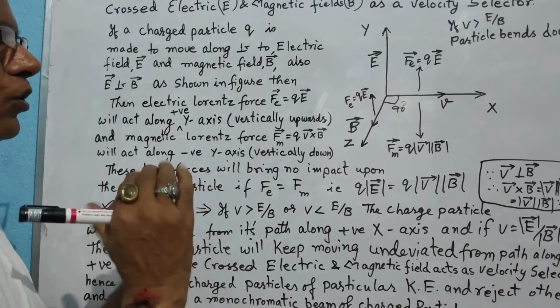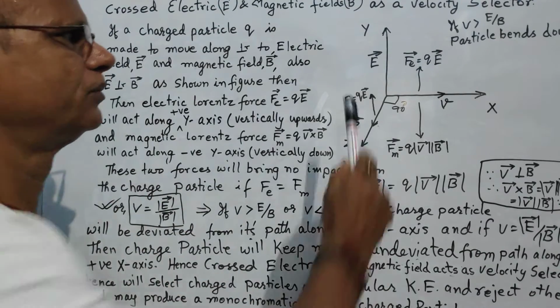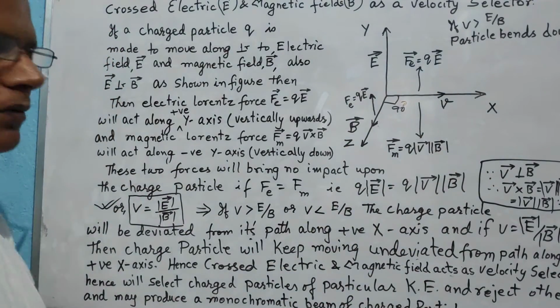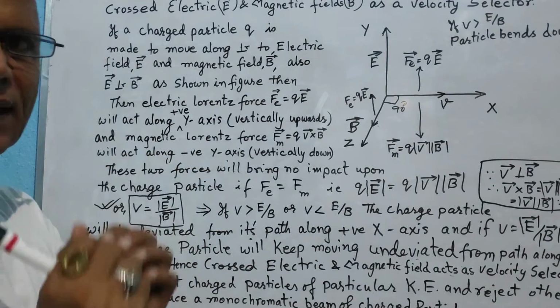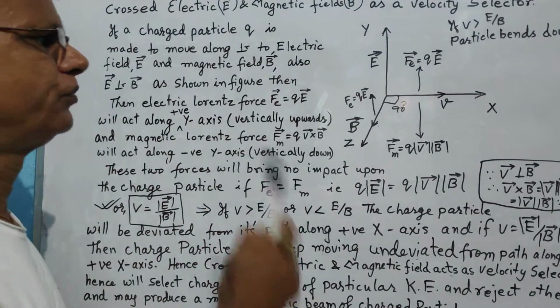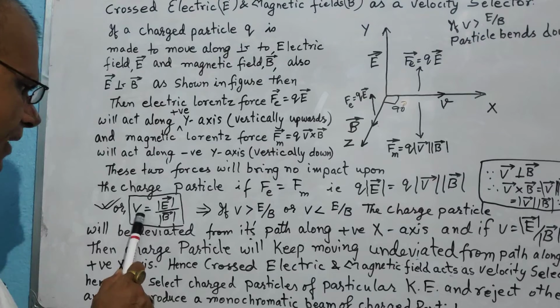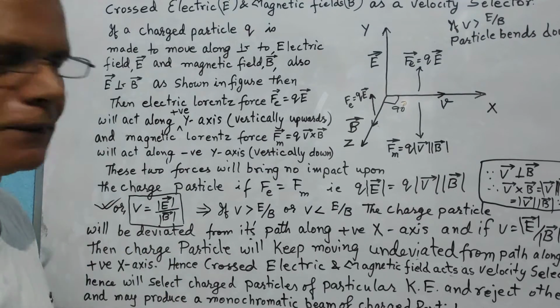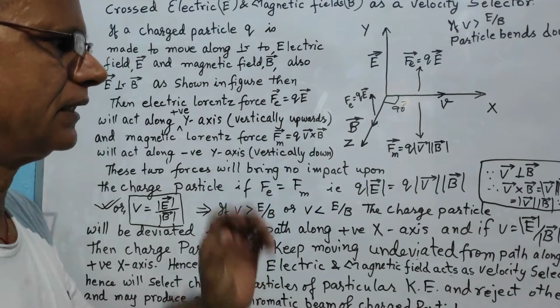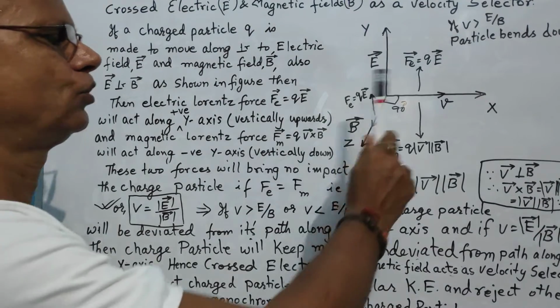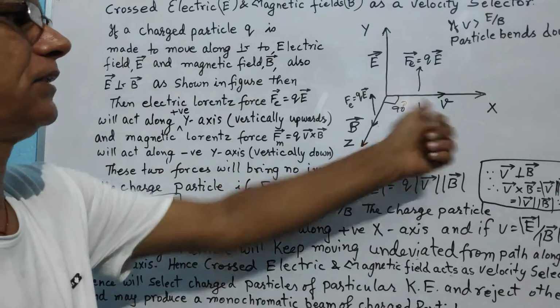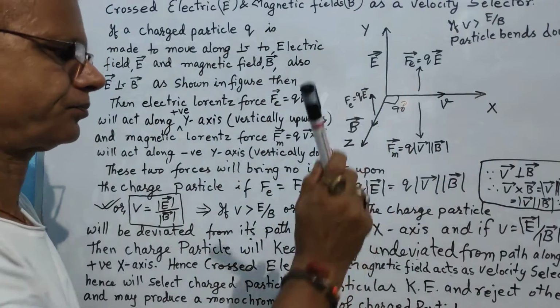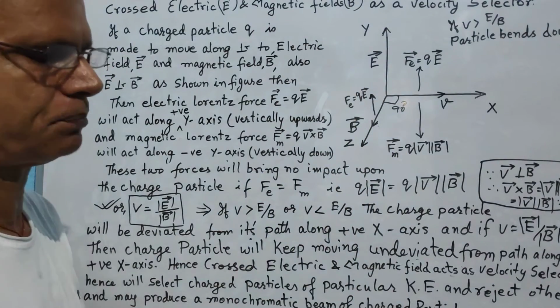That means only those charged particles which have the velocity value equal to E by B will be allowed to move along the x-axis and stay together. So we are in a position to select those charged particles which have a particular velocity v, and reject all the other charged particles.